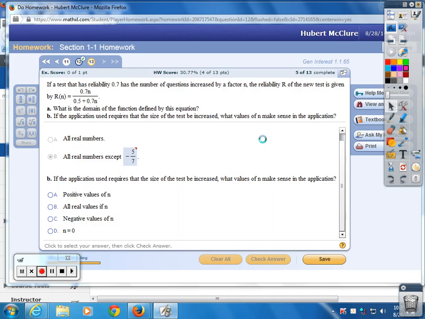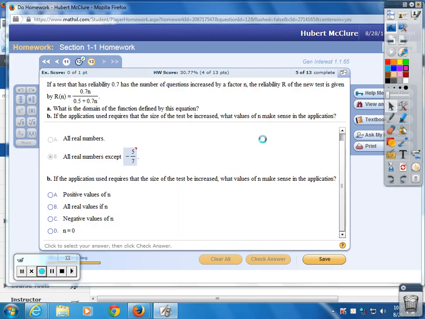Well, what happens if you put in positive values? Well, 0.7 times 1 is 0.7, so that'd be 0.7 plus 5. That'd be 1 point something, 2 point something, 3 point something, 4 point something, 5 point something. So it looks like to me that you want to use all real values.